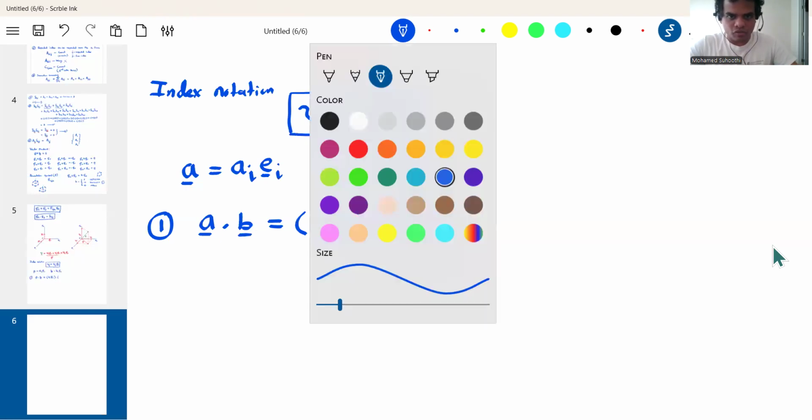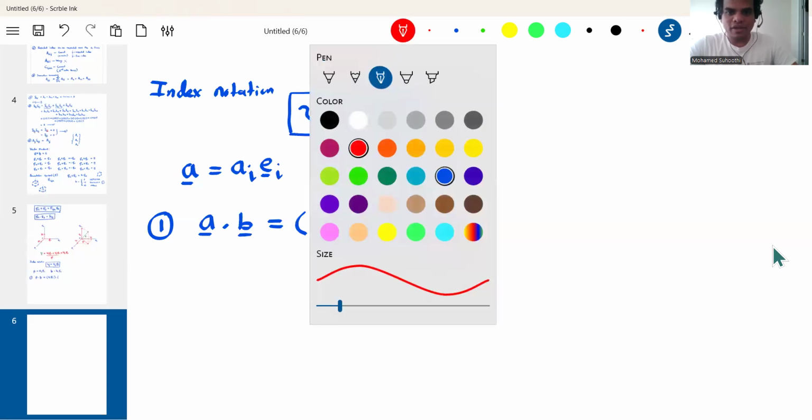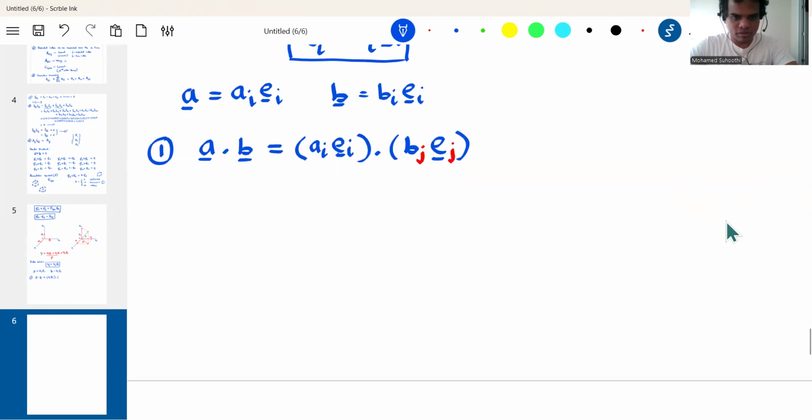Okay. So why am I writing j for both? Because if I change this one, then this one also automatically changes, right? So that is bj ej, right?